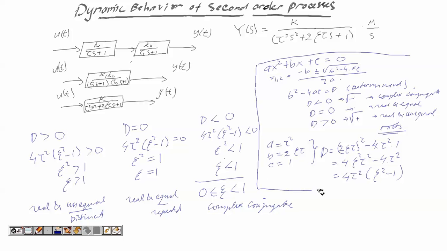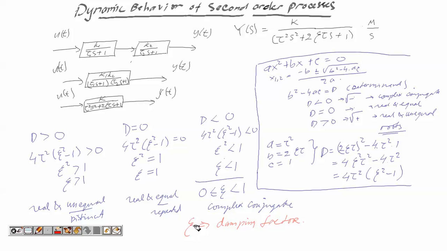Okay, so based on these three cases, the dynamic behavior of the second order system depends on the value of zeta. Zeta we call the damping factor.